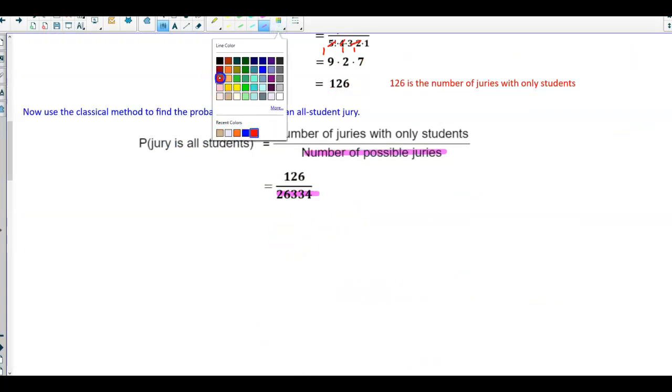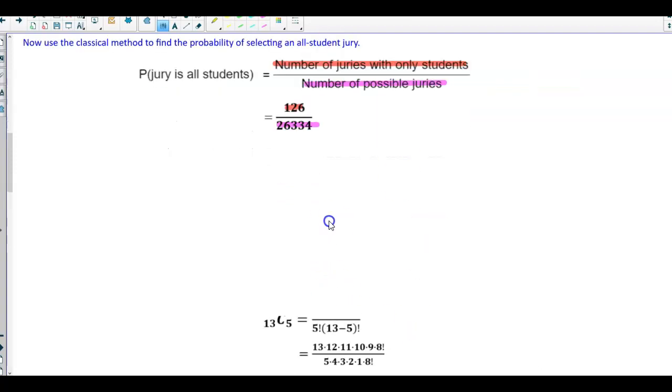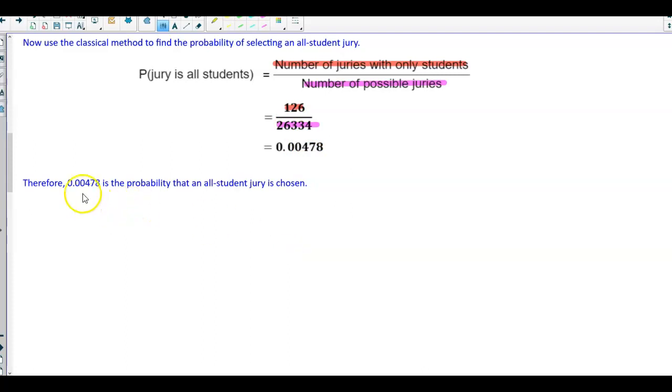We also know that 126 is the number of juries with only students. So when we divide, and they want us to round to 5 decimal places, 0.00478 is the probability that an all-student jury is chosen.